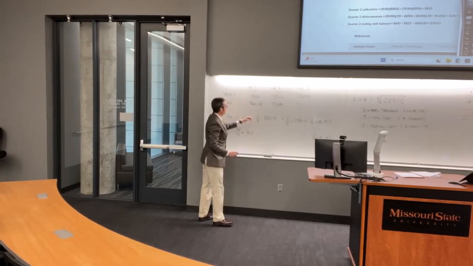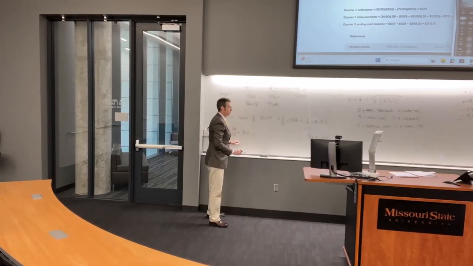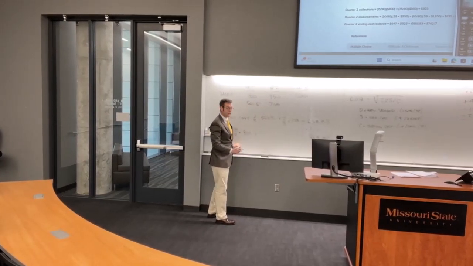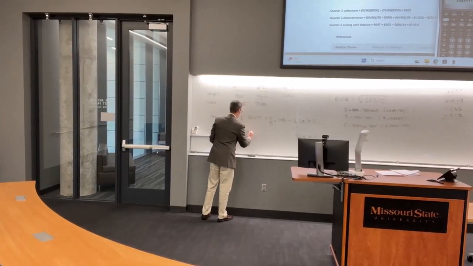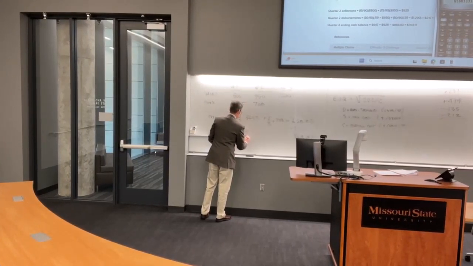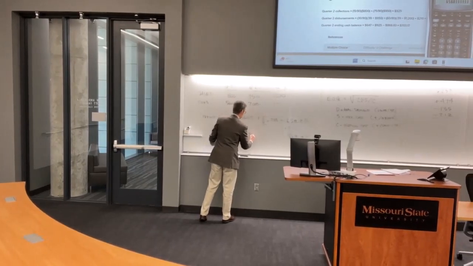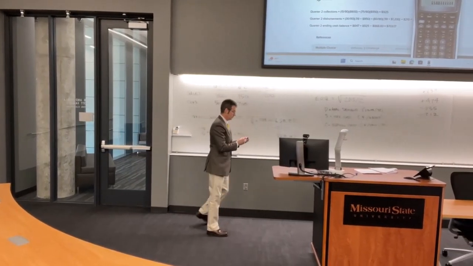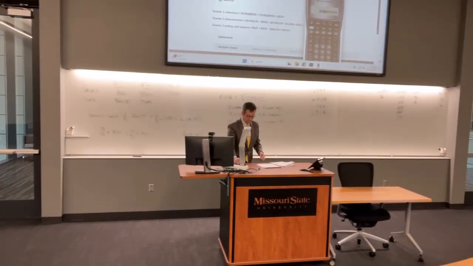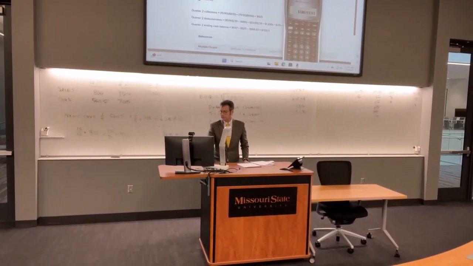And then how much of our quarter two sales are we going to be collecting? $950. Let's figure out how much that is. By the way, 15 over 90 is 1/6.